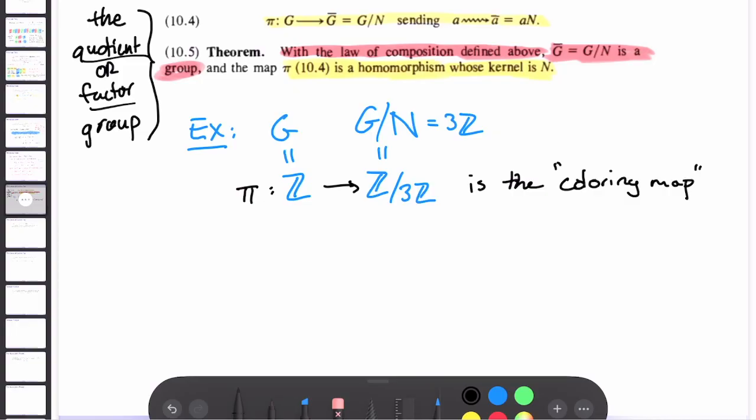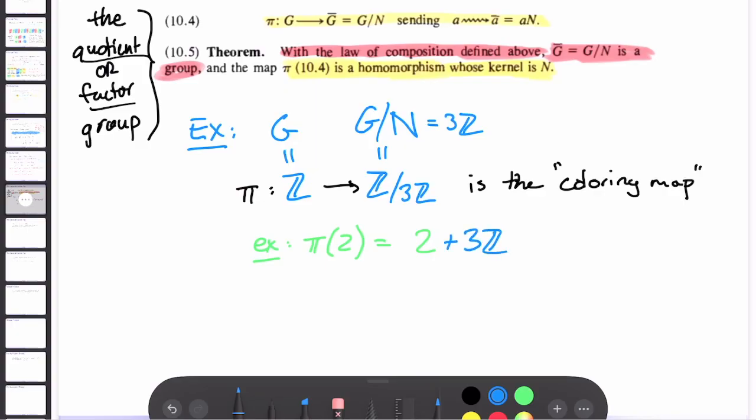So for instance, an example inside of an example, pi of 2. Pi of 2 is equal to 2 plus 3Z.